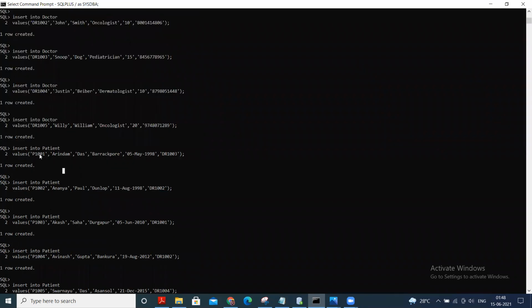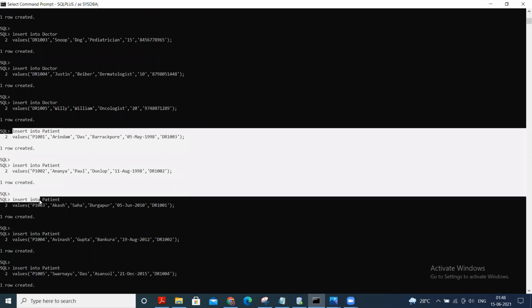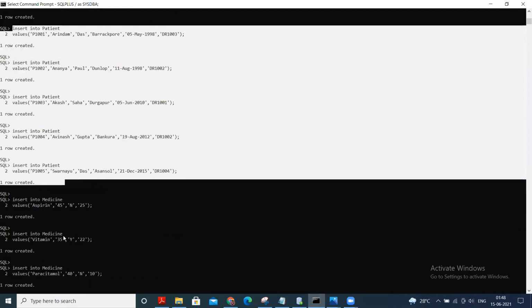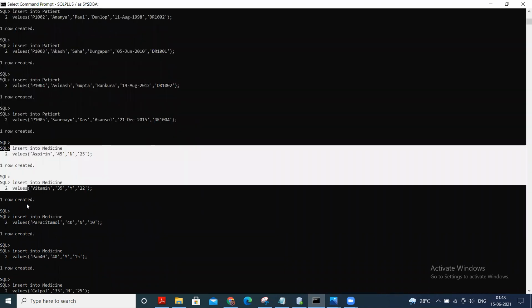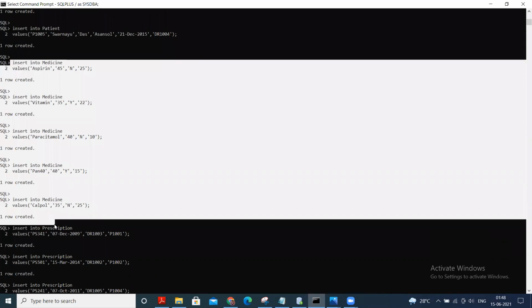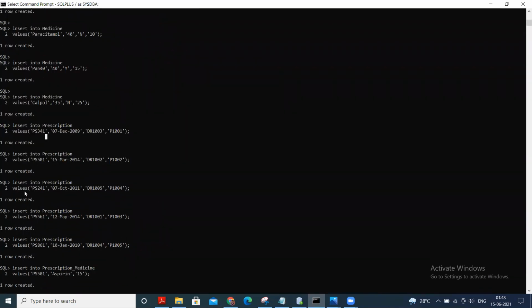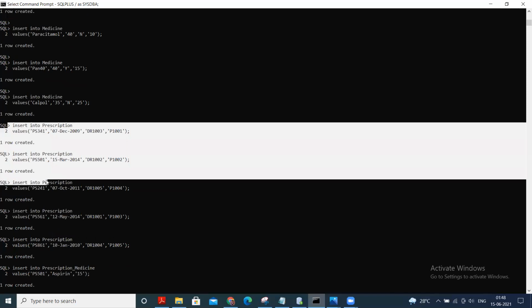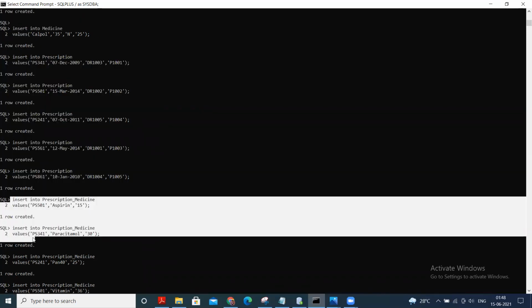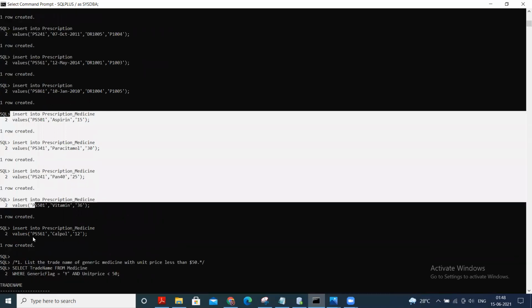Then the next five are for the patient table. Next five are for the medicine table. Next five are for the prescription table. Then the next five are for the prescription medicine table.